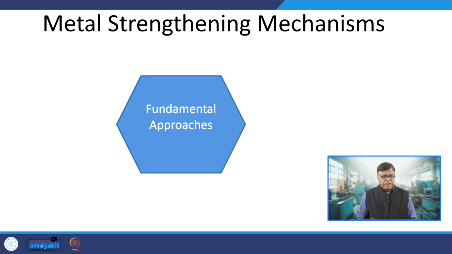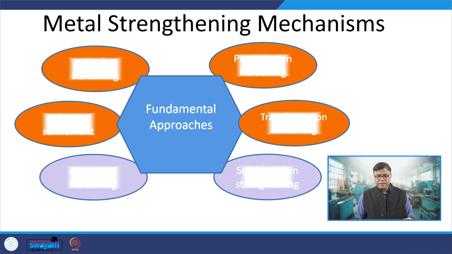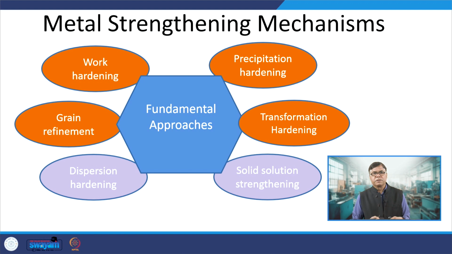So, there are many metal strengthening mechanisms which are used to design and develop metals. These can be work hardening, precipitation hardening, transformation hardening, grain refinement, dispersion hardening and solid solution strengthening.